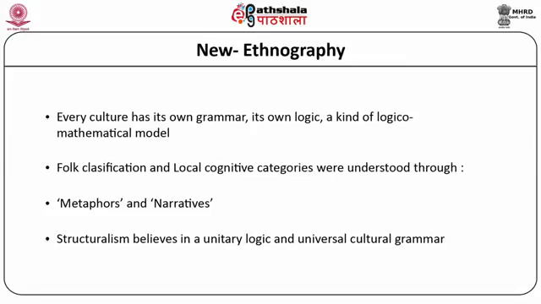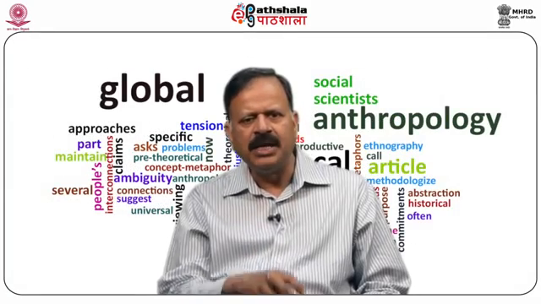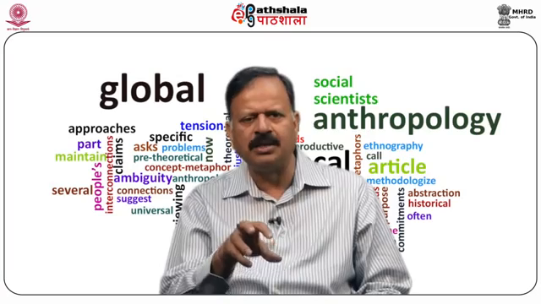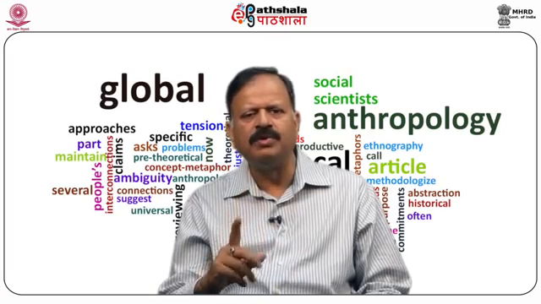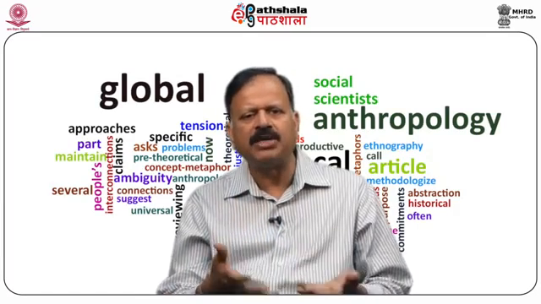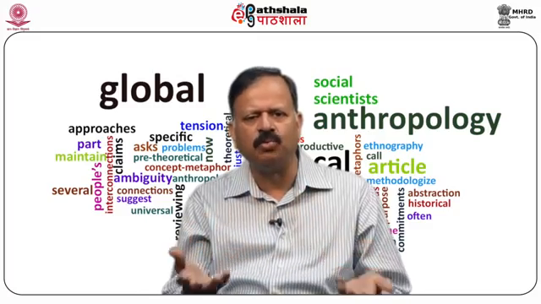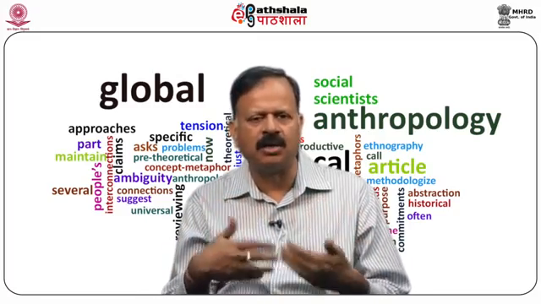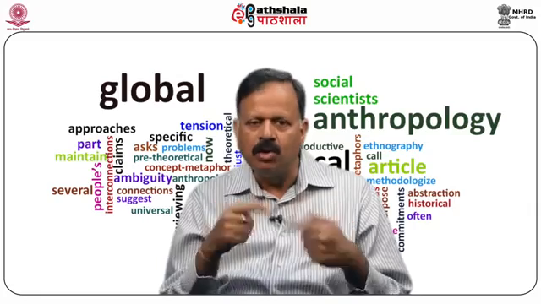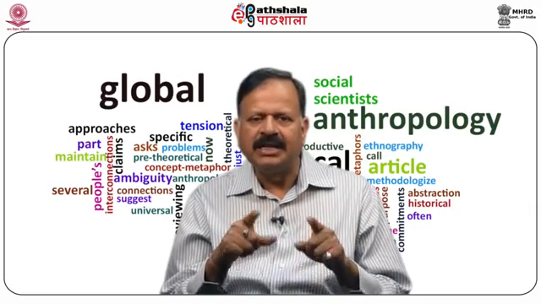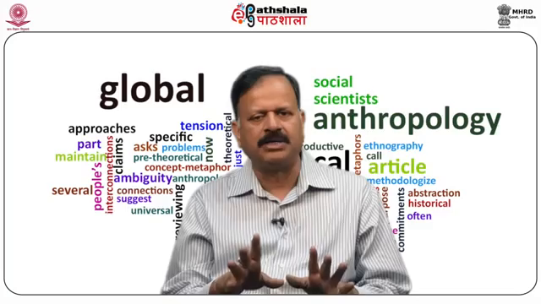Now, what is the difference between structuralism, which came up in France, and new ethnography or cognitive anthropology or ethnoscience, which came up in America? The difference is, if structuralism believed in a universal cultural grammar based on the binarity of human thinking, binary functioning of the human mind, new ethnography believed that there is no single logic of culture.